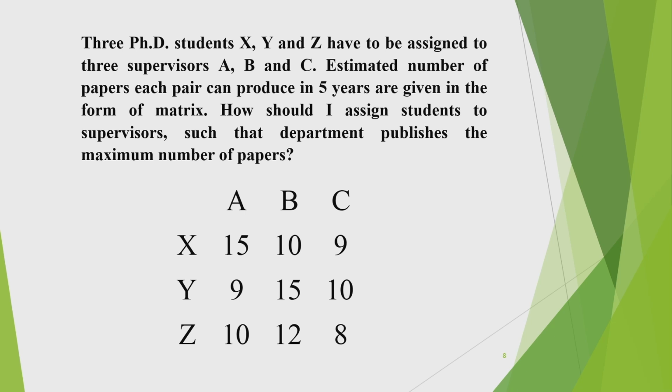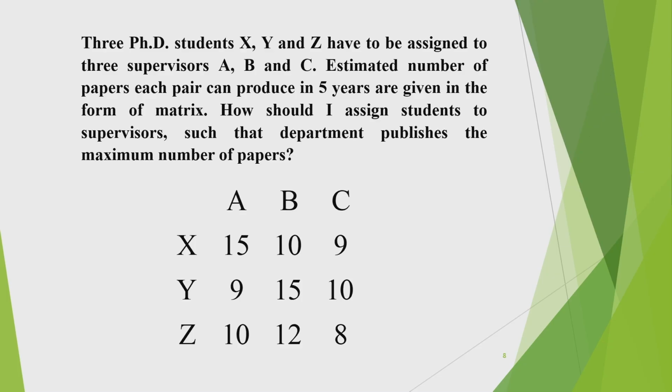So now we give one more example to make you confident. Suppose 3 PhD students X, Y and Z have to be assigned to 3 supervisors A, B and C. The estimated number of papers each pair can produce in 5 years is given in the form of a matrix.